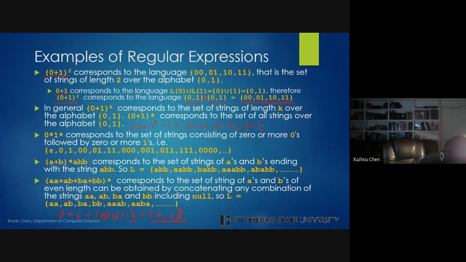By all these combinations, you can have 000, 001, 010, 011, 100, 101, 110, and 111. So (0 plus 1) cubed corresponds to the regular language which contains all the strings of length 3.